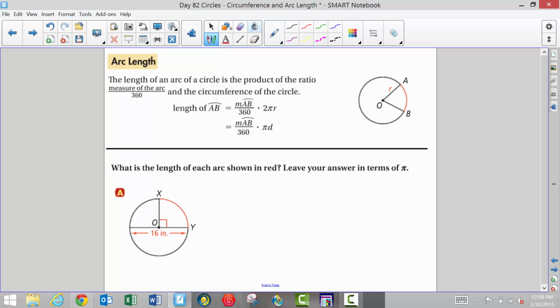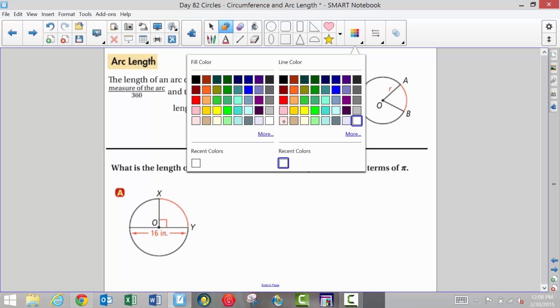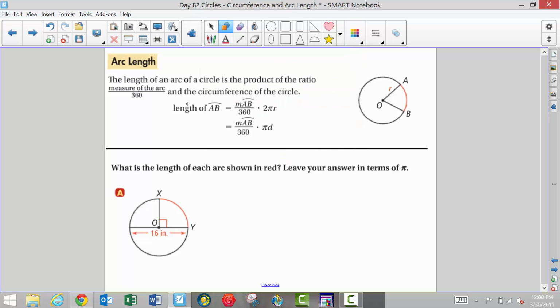So we're going to do arc length. Arc length is the ratio of an arc compared to the whole circumference.